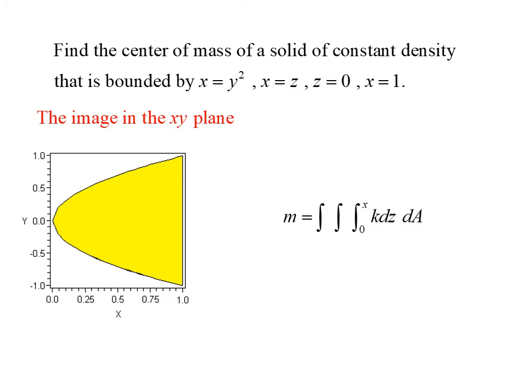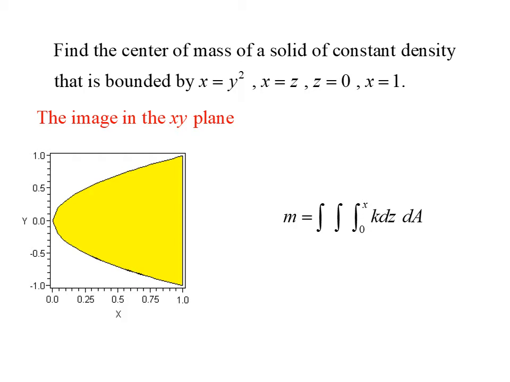So I have just twisted that around so that we're looking straight down the z-axis. What we see here is the projection of that solid onto the xy plane. And you can see that we could either let our x's go from parabola to line.